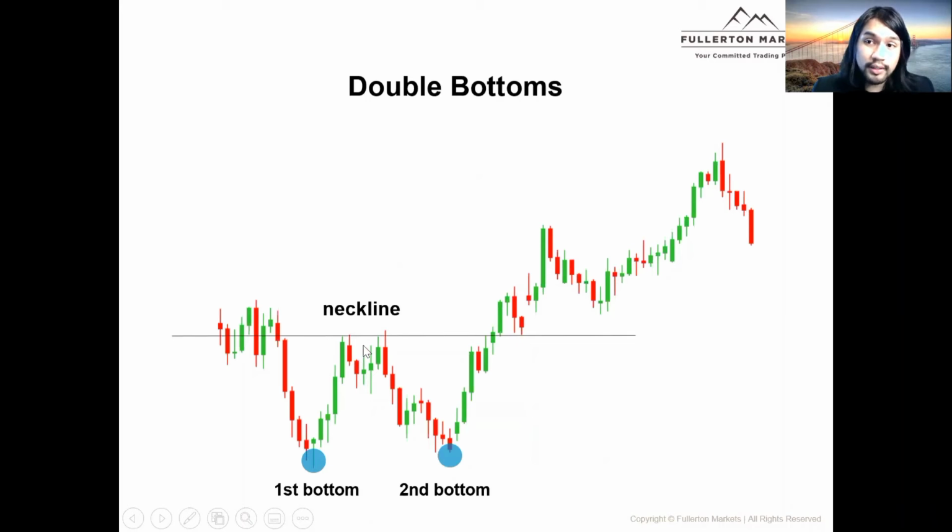If it reverses once and then moves down towards the downside again, we can then form our neckline, okay? At this point, all we have to do is wait and see if the second bottom forms. If this forms, prices are very close. They don't have to be a 100% match. They can be in the same general area with a few points or pips give or take.